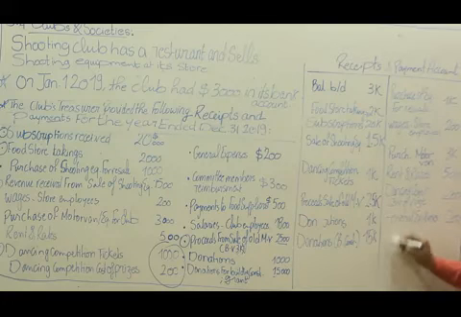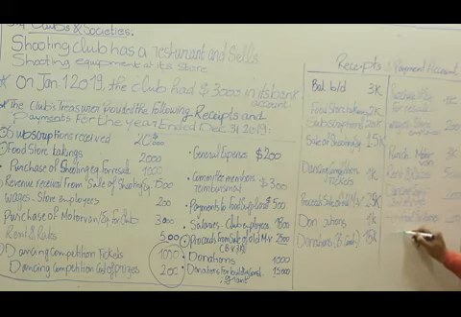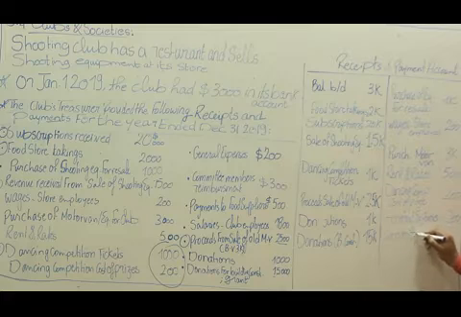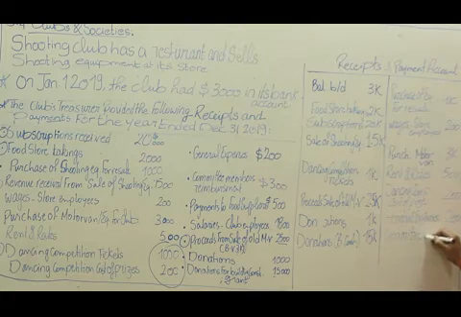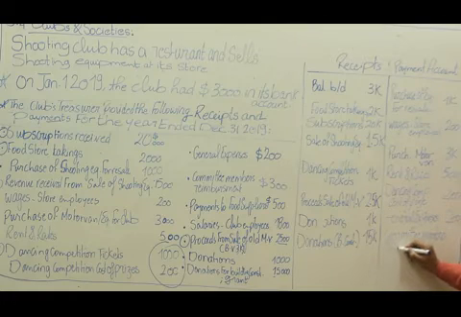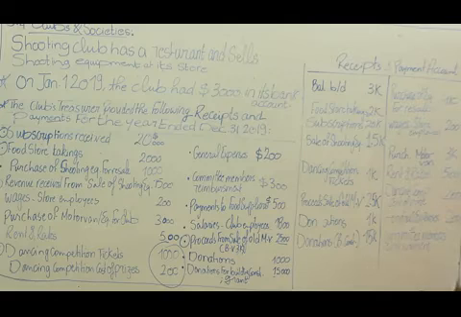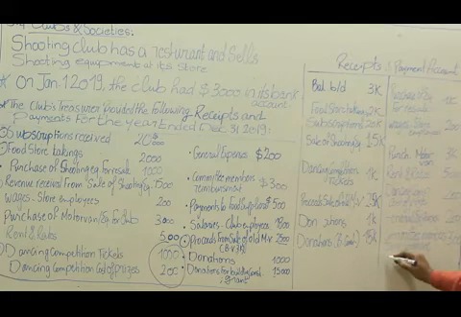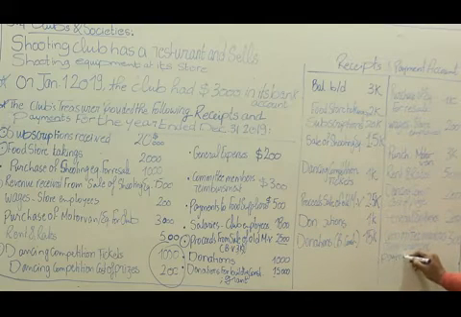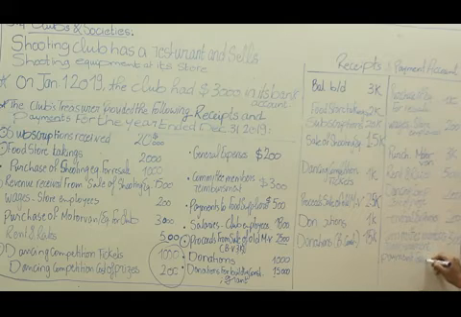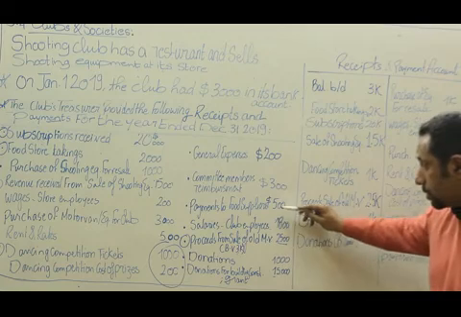Committee members reimbursement, 300. And payment for food suppliers, $500.